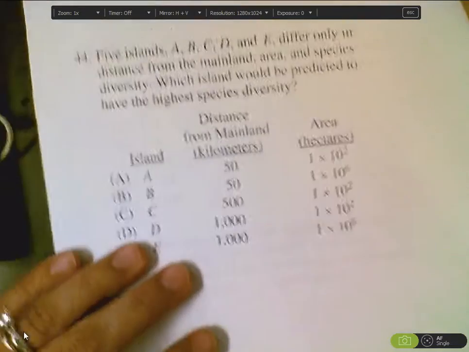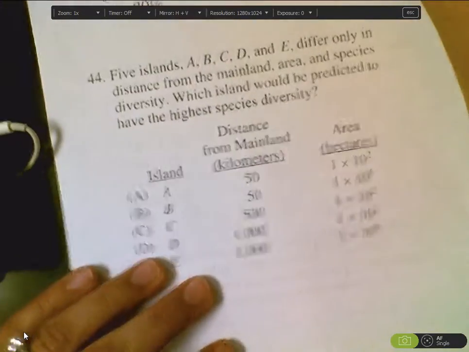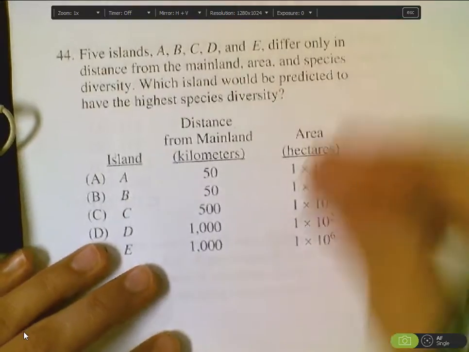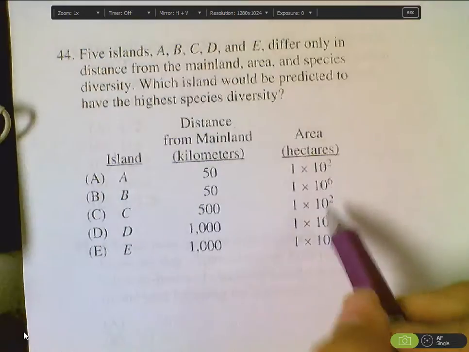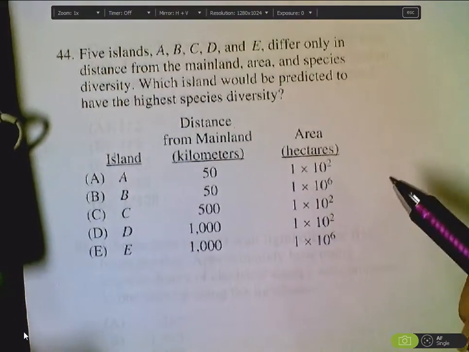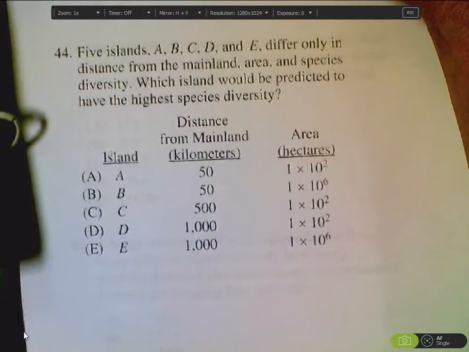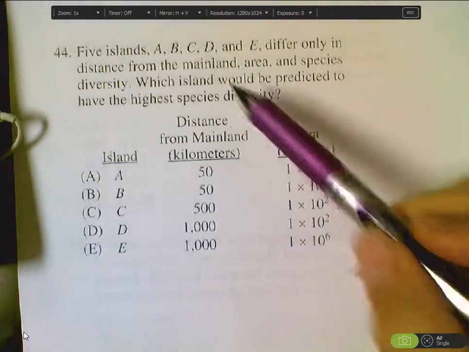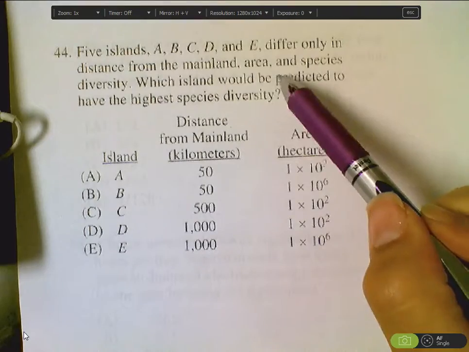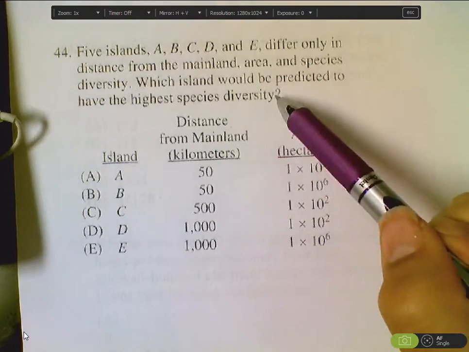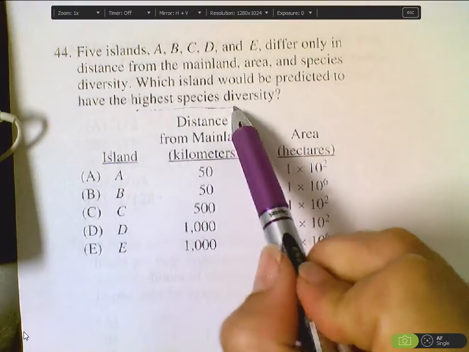Okay, number 44, actually, it is a graph, and it's got numbers on it. Think in exponents and what these mean, but honestly, it's more of, do you understand the concept of island biogeography? It says here, 5 islands, A, B, C, D, and E, differ only in distance from the mainland area and species diversity. Which island would be predicted to have the highest diversity?